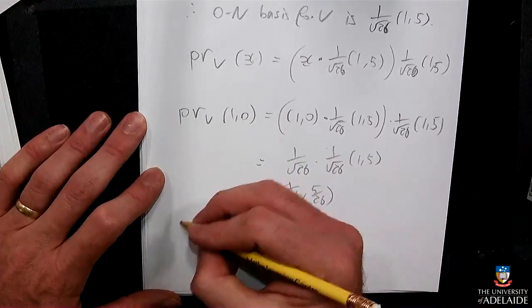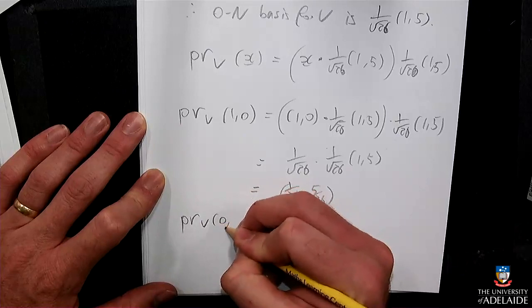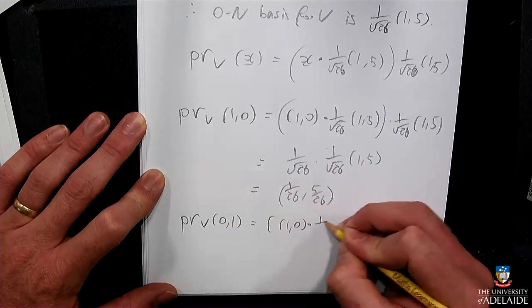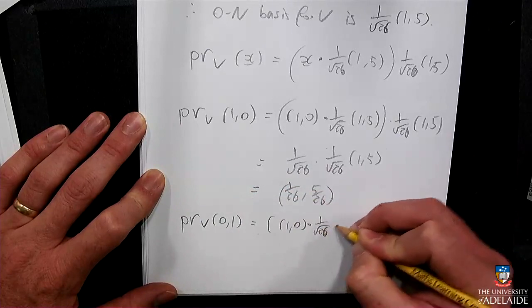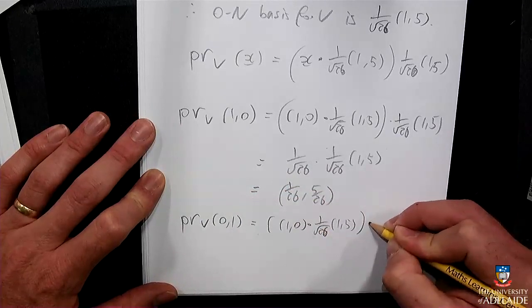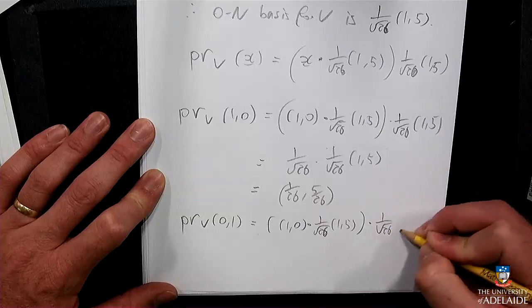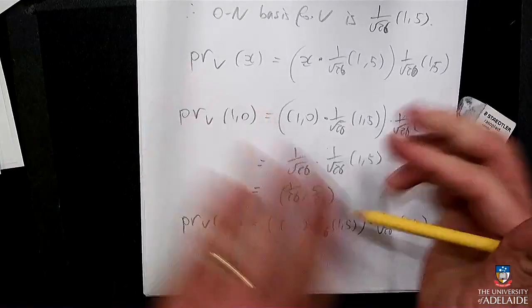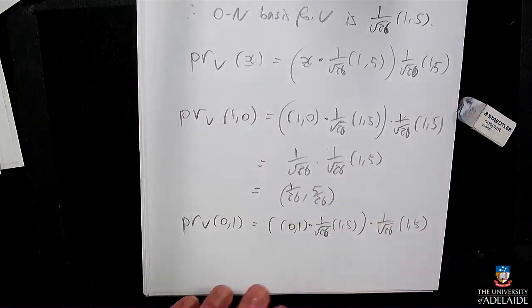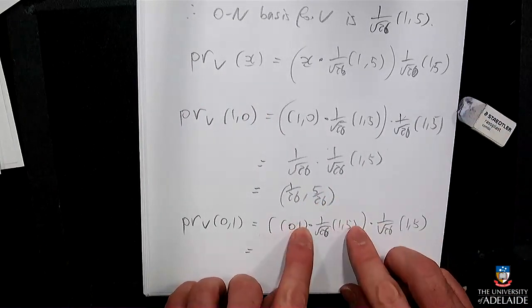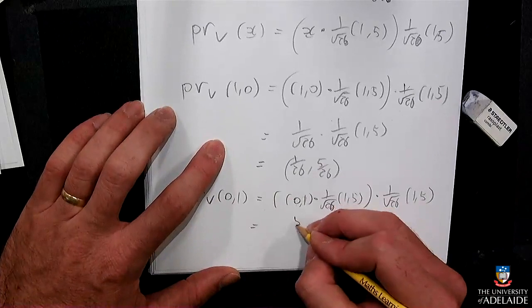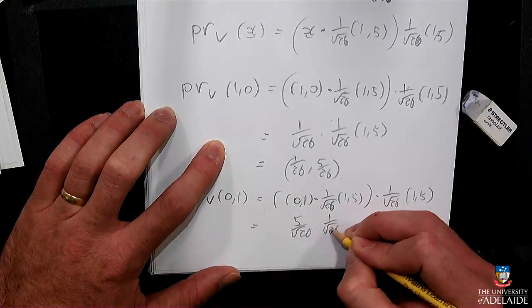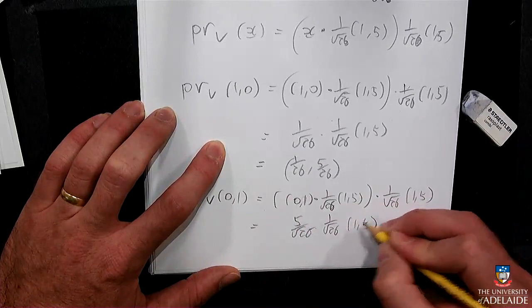And I need to do the projection onto V of the other basis vector. Oh, it's not (1, 0), it's (0, 1). So 0 times 1 is 0, 5 times 1 is 5, so I get 5 on root 26 times 1 on root 26 times (1, 5).